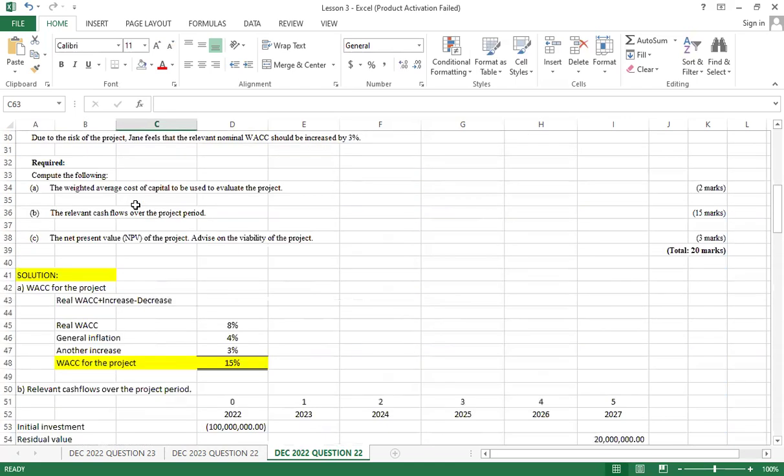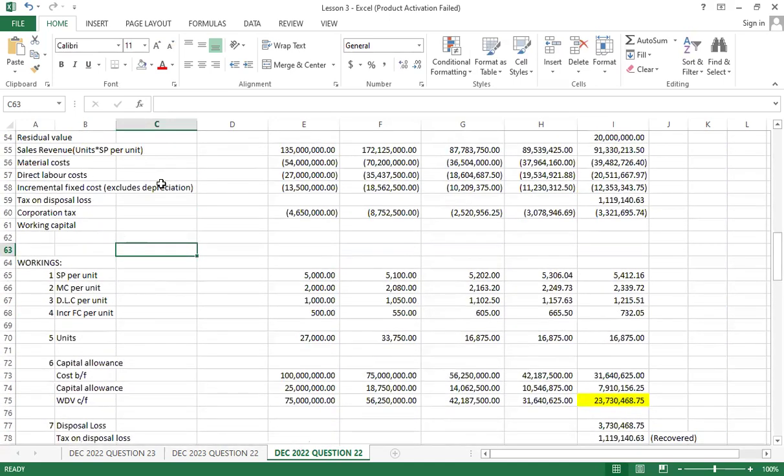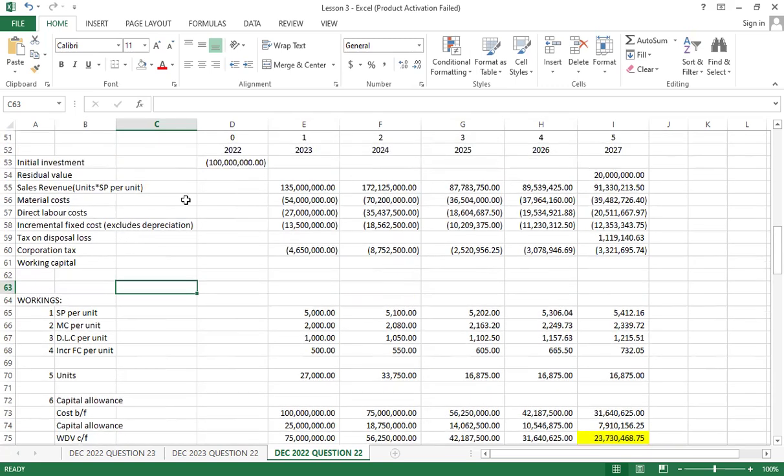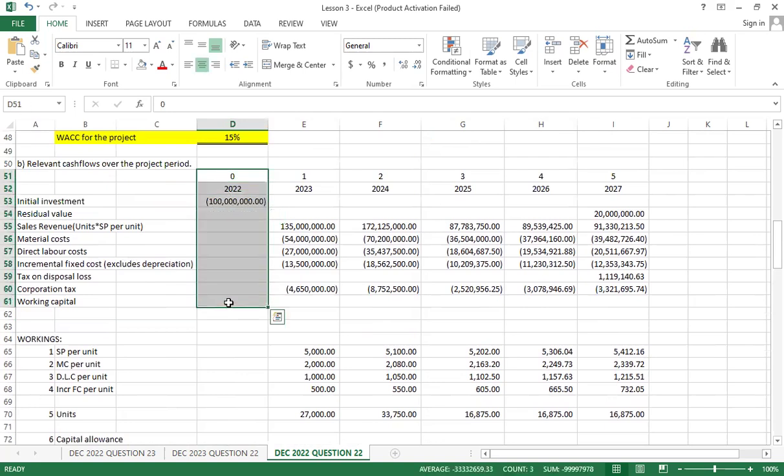Now let's agree, and this is very important: when a question talks of an initial cash flow, just like this initial investment, that cash flow only applies for period 0. So in the same manner we had the initial investment in period 0, we again have the initial working capital of 20 million. That applies in period 0.